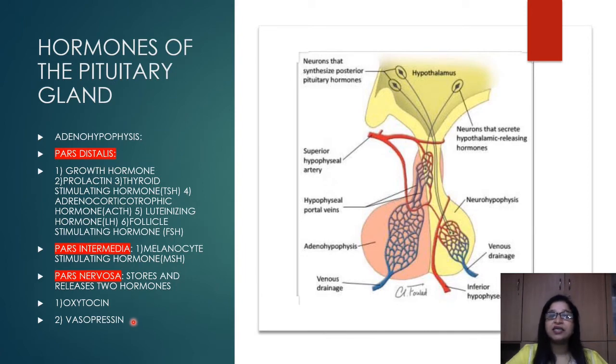Now the anti-diuretic hormone, the name is suggestive. Diuresis means passing copious amounts of urine. Anti-diuretic hormone means it brings about anti-diuresis, so it prevents the release of excessive urine.